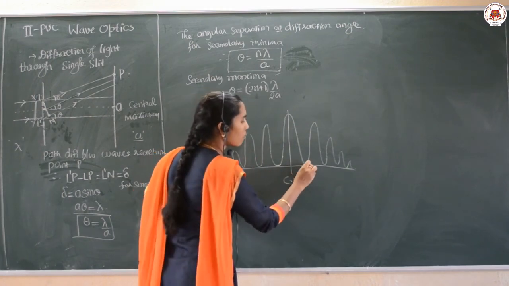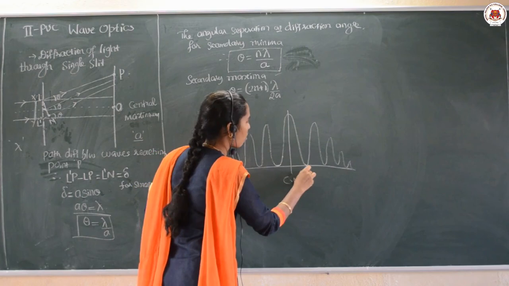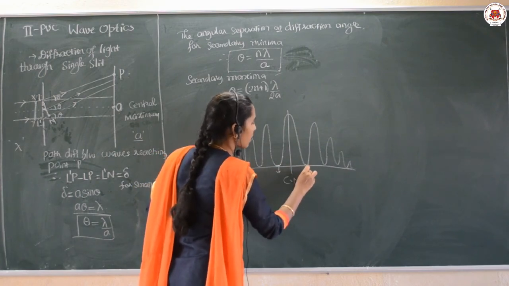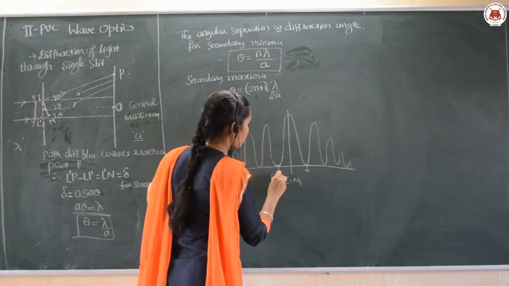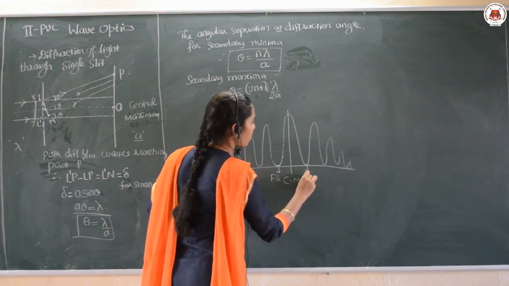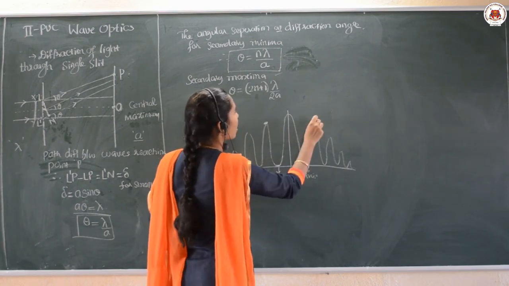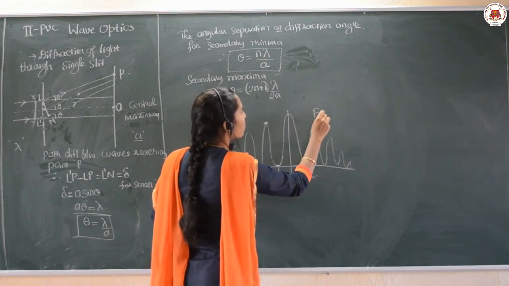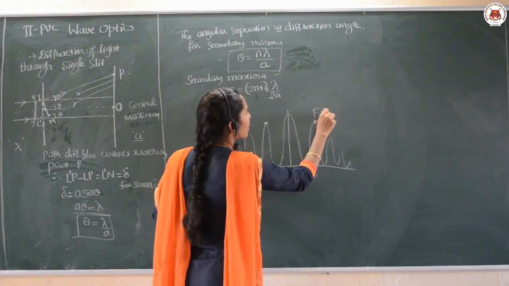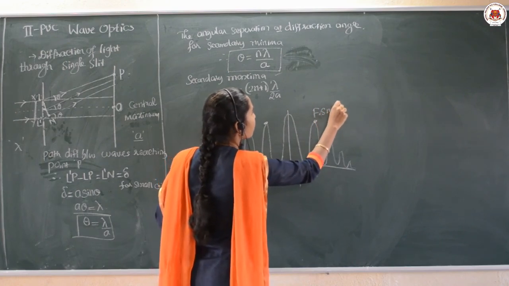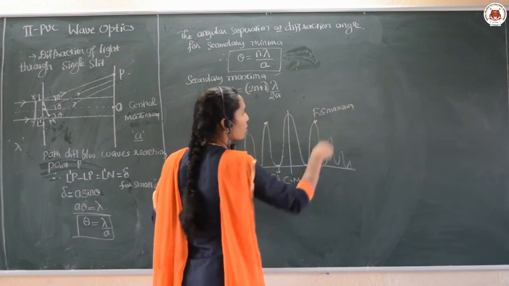What the troughs we are finding here are called the first secondary minima, these two. Then these are called the first secondary maxima.